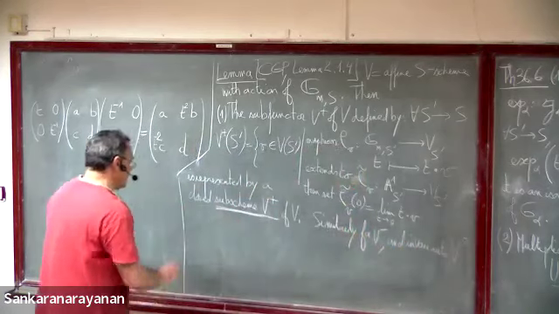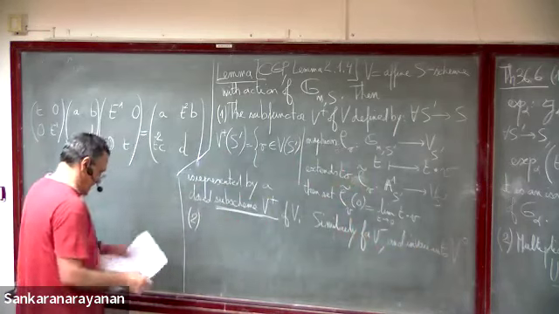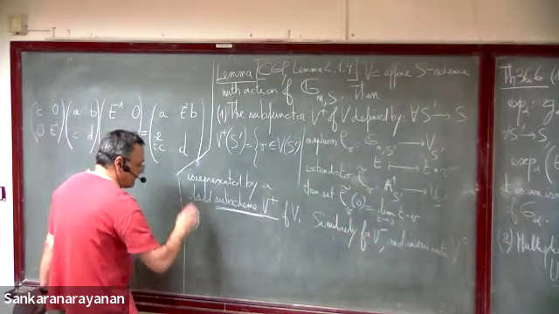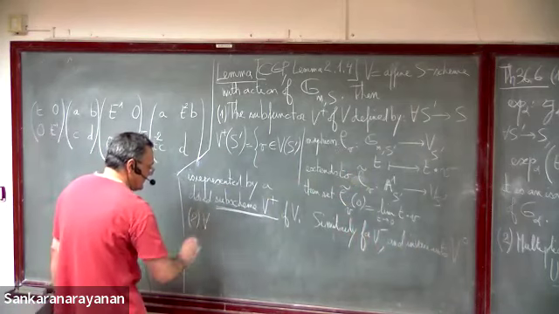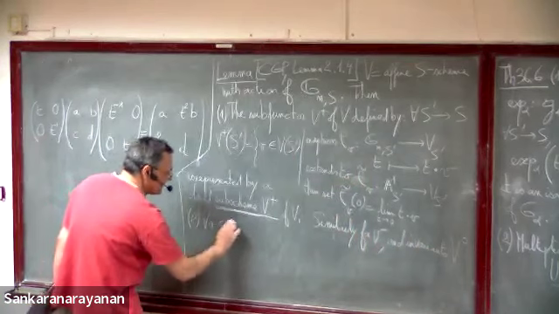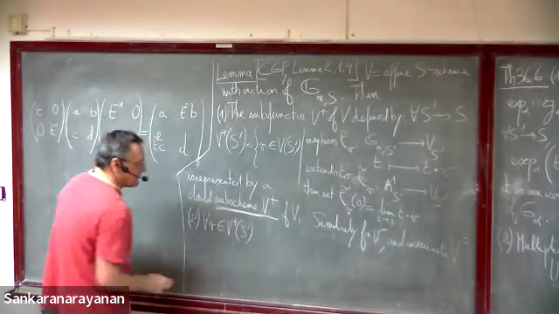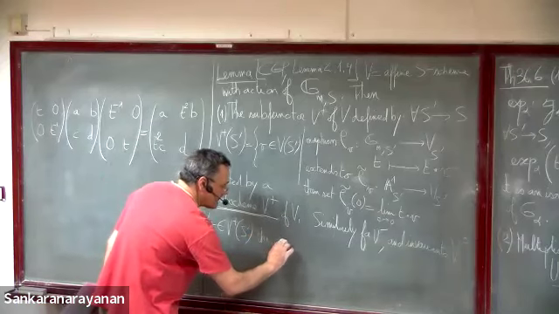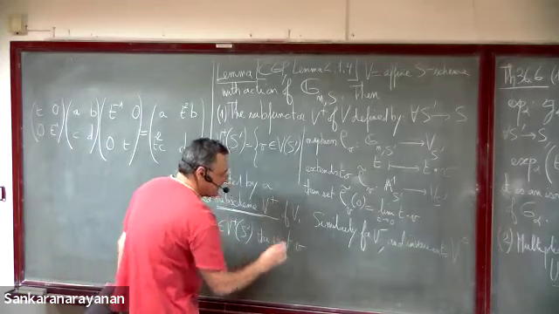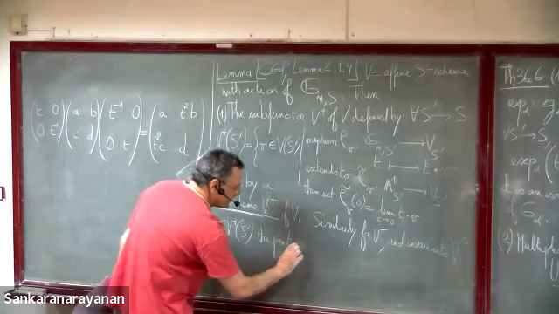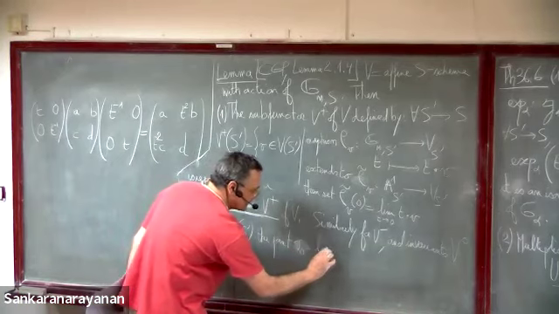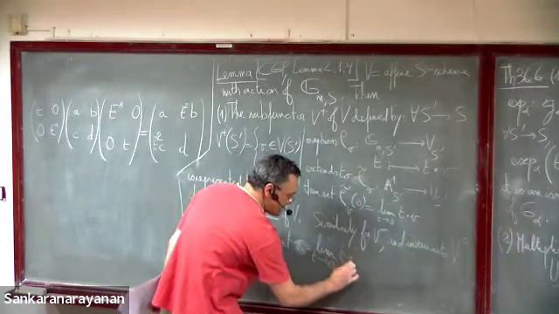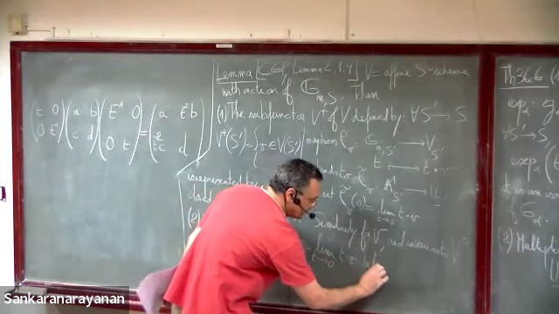Secondly, for any v in V plus, let's call this V0, the limit that we want to exist belongs to the invariants.